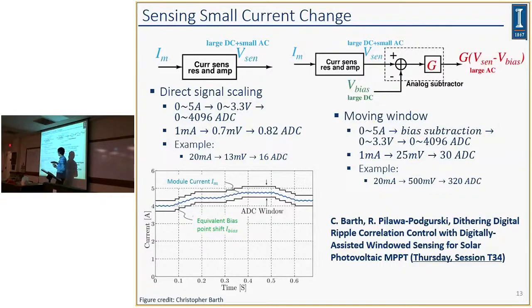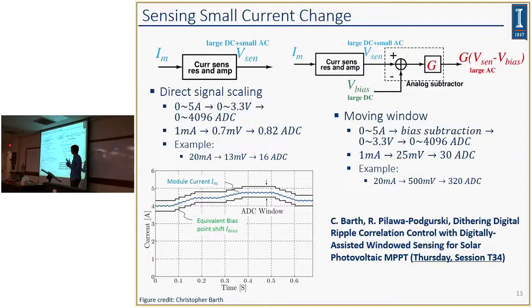Typically the change due to a duty ratio perturbation is about 20 milliamp, which will translate into only 16 in ADC value. And if you are familiar with microinverter ADCs, they are typically coupled with quite significant noise. So 16 in a 40,000 range is not enough.